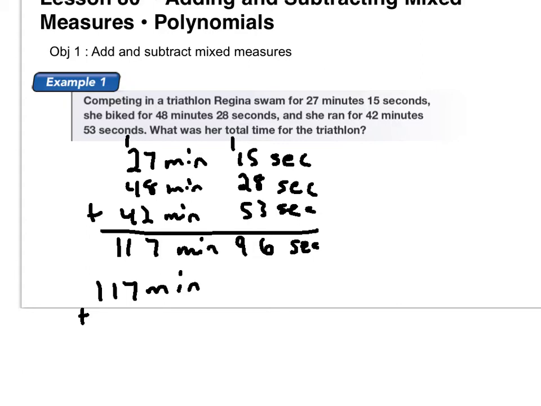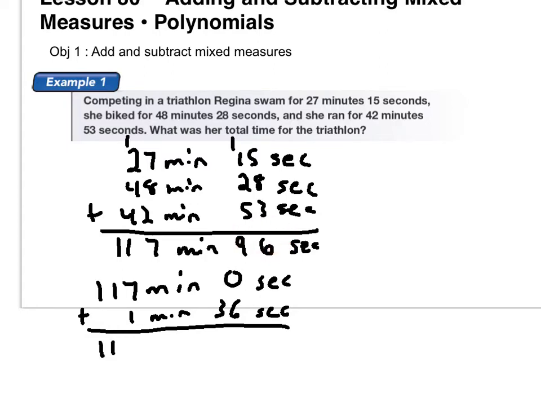Well, that is 1 minute and 36 seconds. So 117 minutes is the same as 117 minutes and 0 seconds. So now I need to add these together. Since this adds up to more than 1 minute, now I've got 118 minutes and 36 seconds for my time.